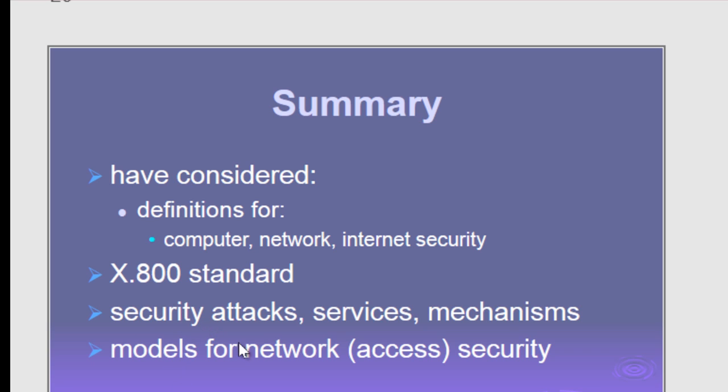We also discussed various types of security attacks, security services and security mechanisms. Finally we discussed models for network access security and network security. With this we conclude the first chapter, the introduction to information security.